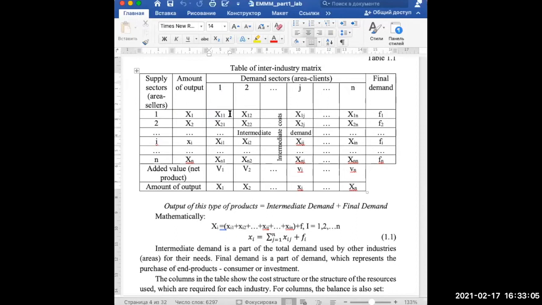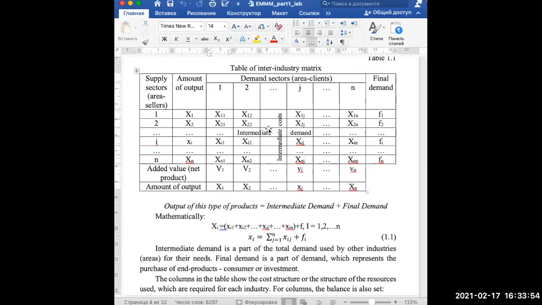We know that we can group all kinds of costs; we divide them into two groups. First group, it is direct cost, and the second group, it is indirect cost. So when we talk about payments for raw materials, it is direct cost.